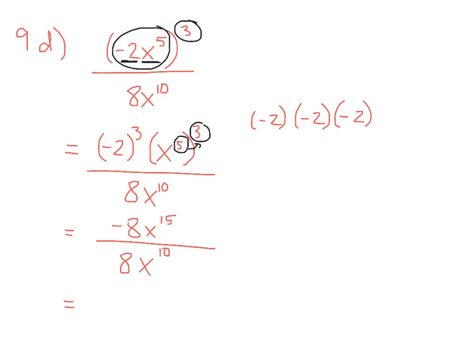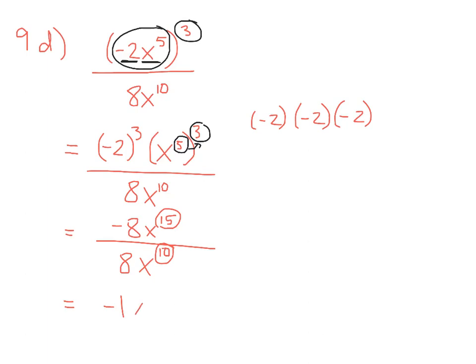Continuing this, now I can do the division between both the numbers and the variables as well. So negative 8, first off, I'll do negative 8 divided by 8. Okay, so negative 8 divided by 8 is negative 1. Then I have x to the power of 15 divided by x to the power of 10.